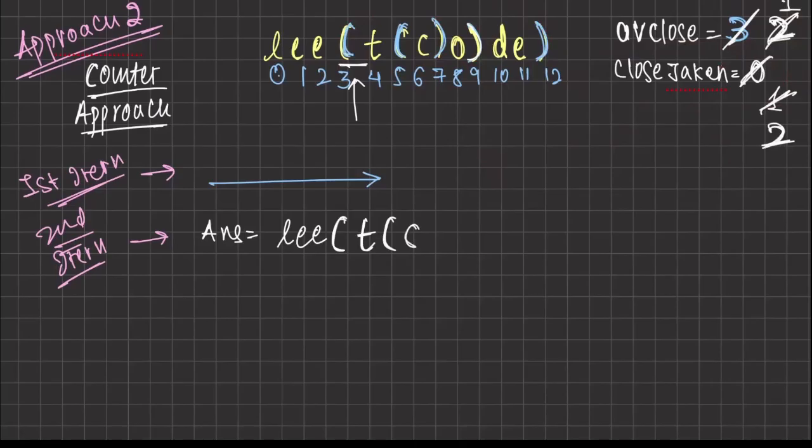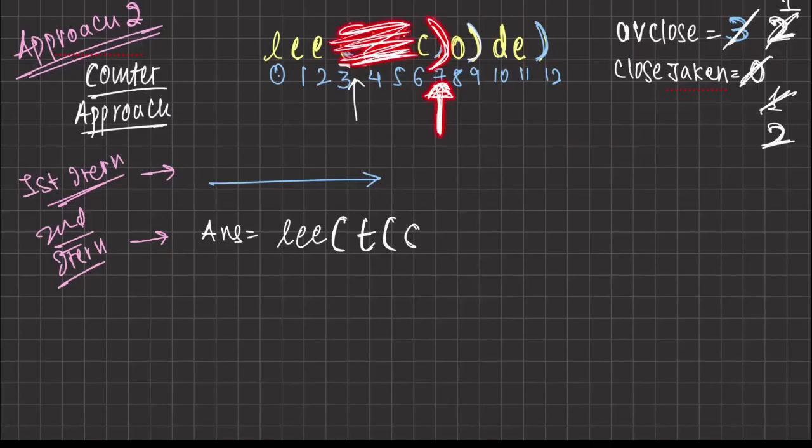Now a closing parenthesis comes. Should I take it or not? How can I determine? I will determine using close taken. This close taken will help us. Anytime we want to understand whether it is needed or not, for example, let's skip and directly come to this one.